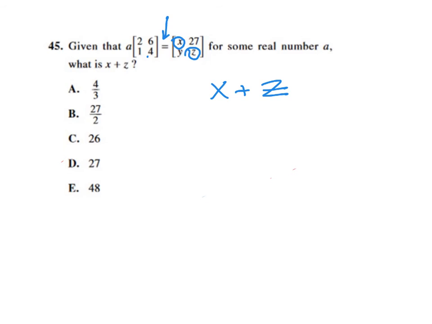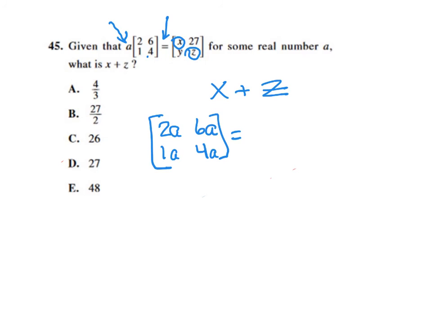So that means the corresponding elements in each matrix must be equal. I've got this A out here that's to multiply into every element in the matrix. So if I multiply that into each element, I'd have 2A, and then 6A, 1A, and 4A.